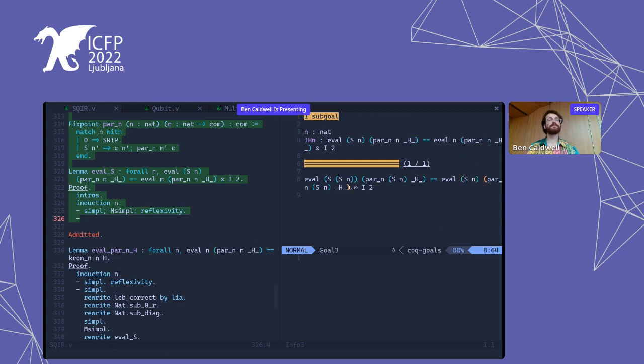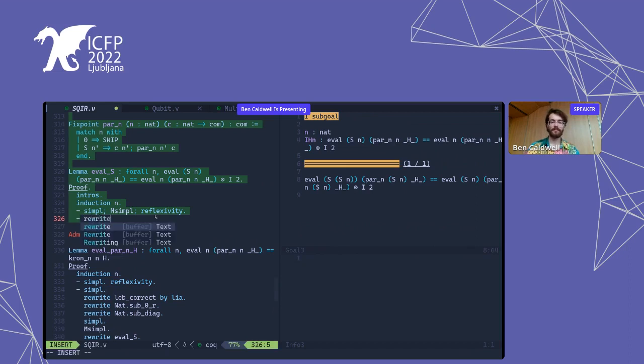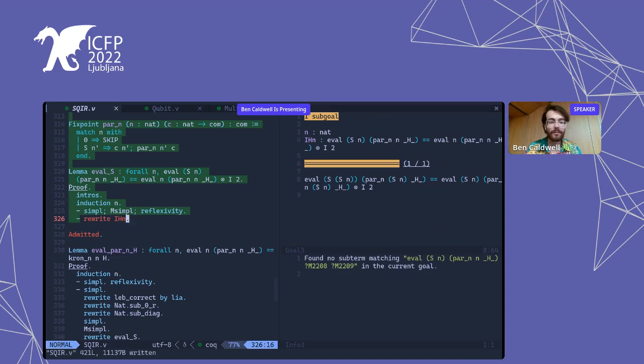So if I rewrite the hypothesis on the right side, just rewrite direction. So on the right matches that, doesn't it? Yeah, it does. This is a weird thing that pops up sometimes.